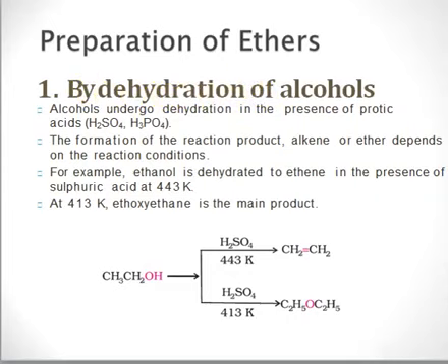If we have two alcohol molecules and we carry out intermolecular dehydration of alcohols, then we can get ether. For carrying out the dehydration, we have to make use of protic acids, so we make use of sulfuric acid or phosphoric acid.